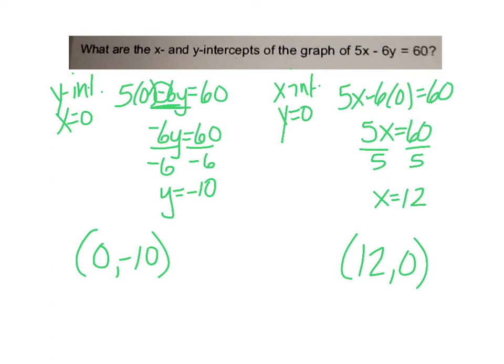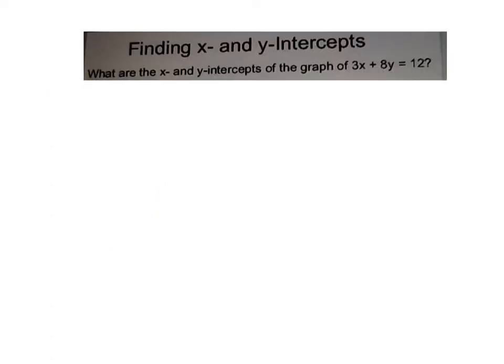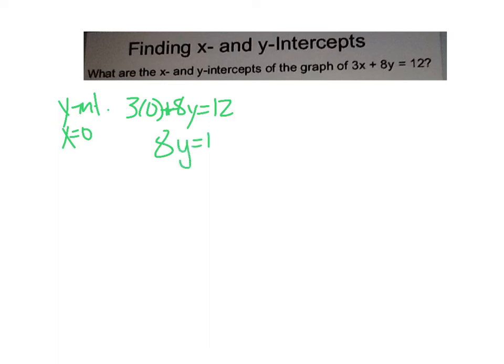I'm going to work through these ones a little bit more quickly so you can just kind of watch if you think you don't need to write down another example. Otherwise, you can always pause it. All right, so this one, 3x plus 8y equals 12. So for my y-intercept, my x is 0. That gives me 3 times 0 plus 8y equals 12. Well, the 3 times 0 goes away. That leaves me with 8y equals 12.